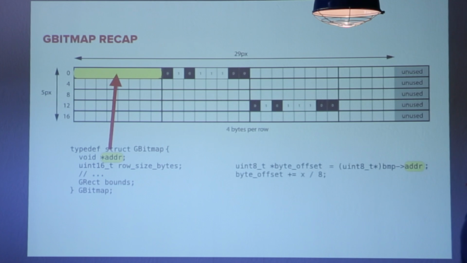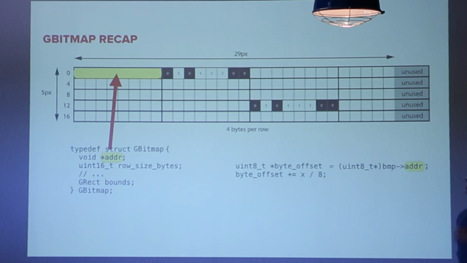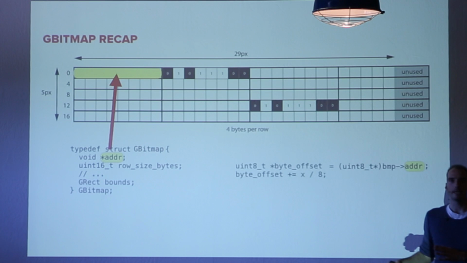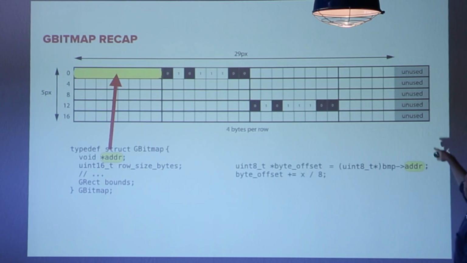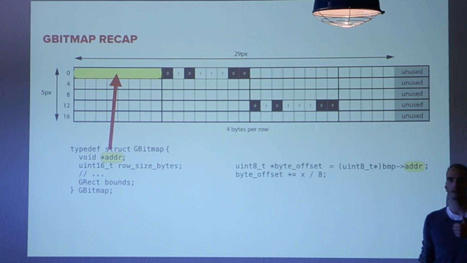Now, if I want to address the third row here, or the fourth row there, I also have to go down. And now, for optimization reasons, we have some optional padding on the GBitmap. That means here, on the right-hand side, you see some gray area on that diagram. We word align our bitmap. So whenever you have a bitmap that's only a single pixel wide, it takes 4 bytes per row.